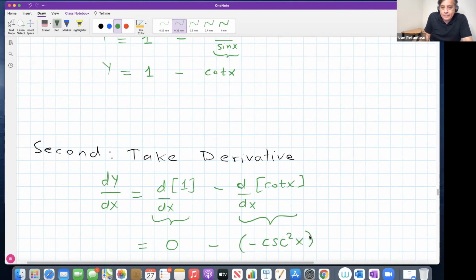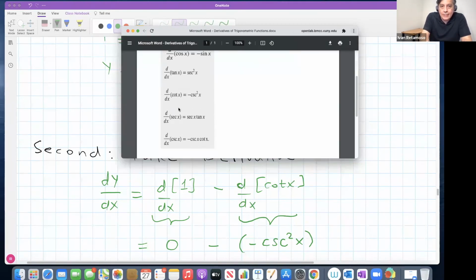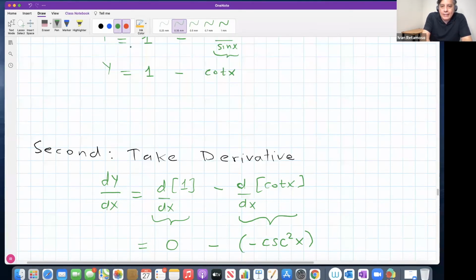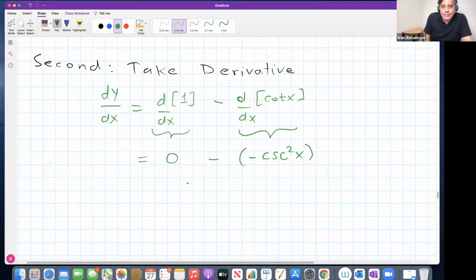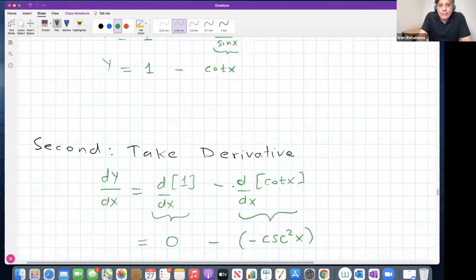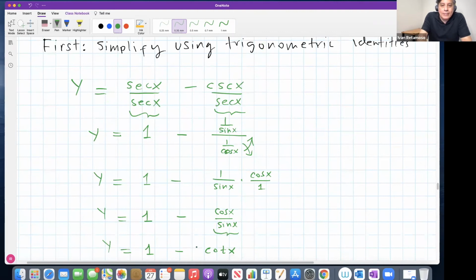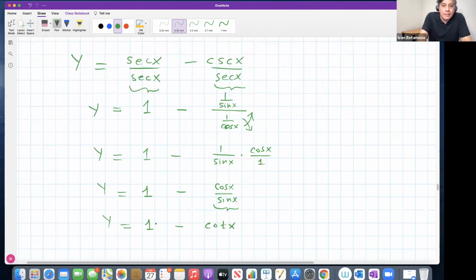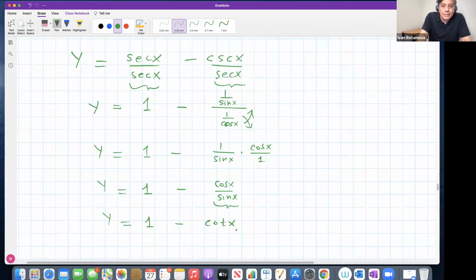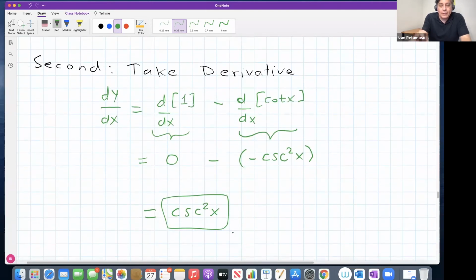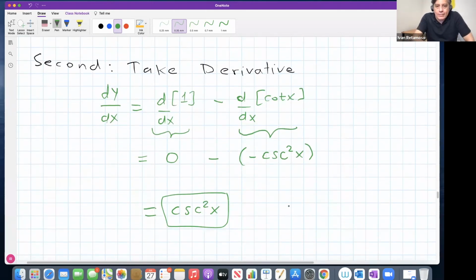Professor, what if I need to check that? No problem, guys. The derivative of cotangent is minus cosecant square. And in the end, you just do the algebra here. This 0 disappears, minus and minus is plus, so minus cosecant square of x. That's it. You see, when you simplify, you end up with a simpler form to differentiate. The derivative is 0, and the derivative of cotangent is just this. Otherwise, it would probably be a little bit difficult to get this done.